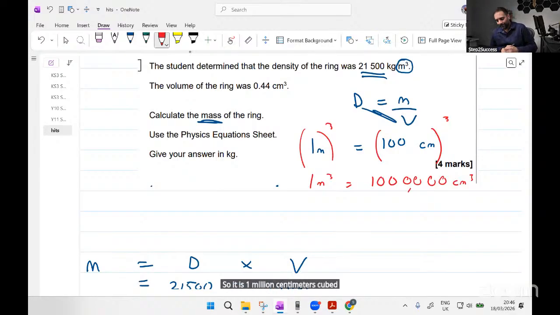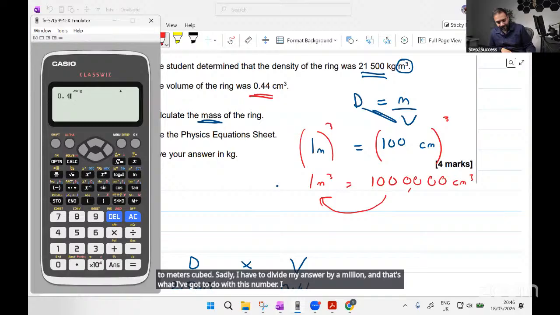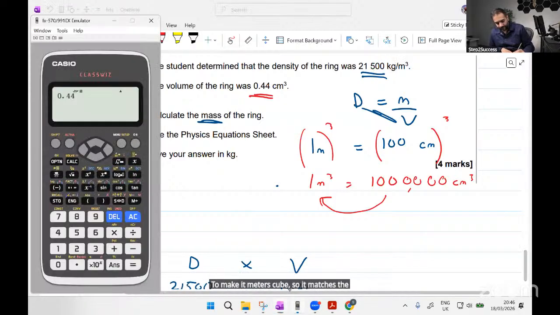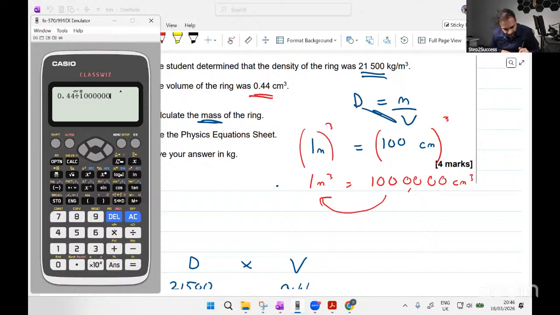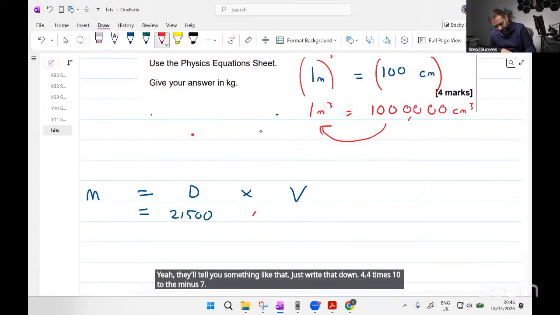So if I want to convert centimeters cubed to meters cubed, sadly, I have to divide my answer by a million. And that's what I've got to do with this number. I've got to divide it by a million to make it meters cubed so it matches the units over here. Just write that down: 4.4 times 10 to the minus 7.